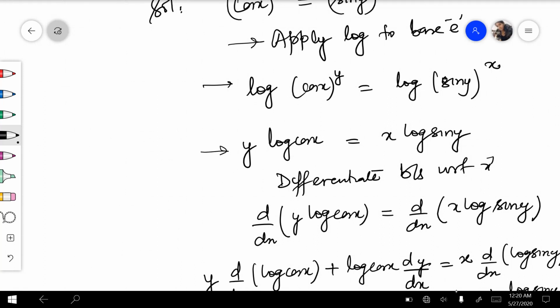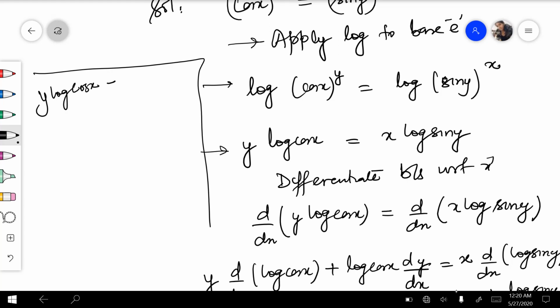After this, I can write this equals to y log of cos x minus x log of sin y is equal to 0. Now, treat it like an implicit function.